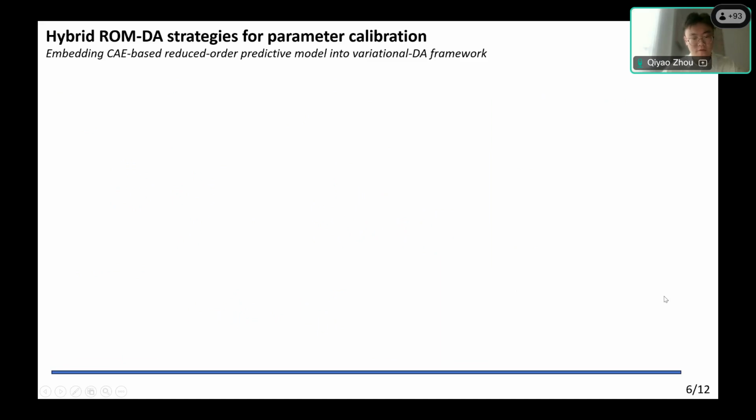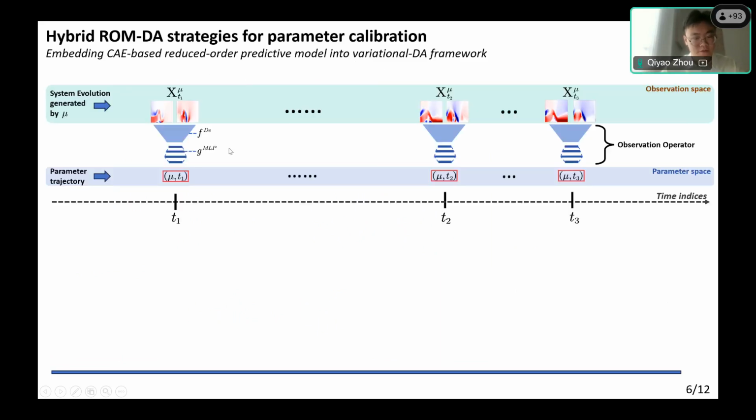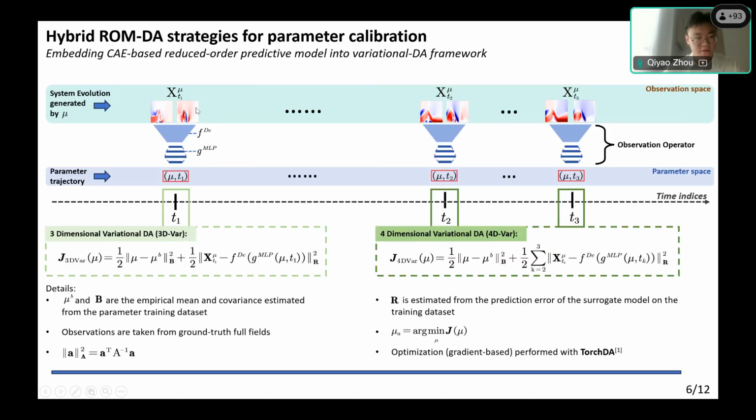So after building the surrogate, the next step is to couple it with the variational DA framework. Here we illustrate how the parameter vector is mapped through the surrogate to the solution field. For a single time step assimilation, we can use the 3D-Var objective: a background term and an observation term.